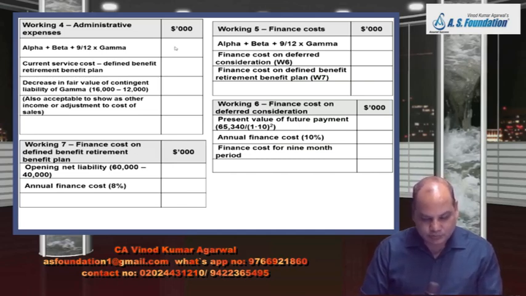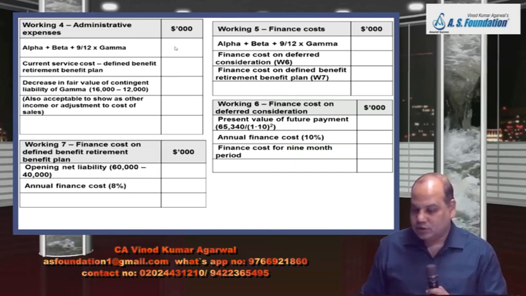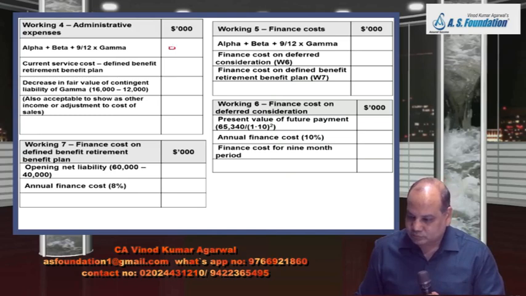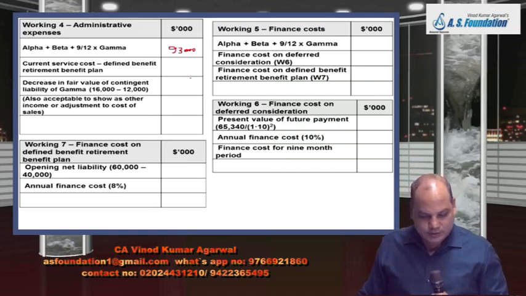Administration expense, take your calculator. 40,000 plus 32,000 and plus 9 by 12 of 28,000. Is it 93,000? Right, 93,000. And the other adjustment we will discuss later. Wonderful.